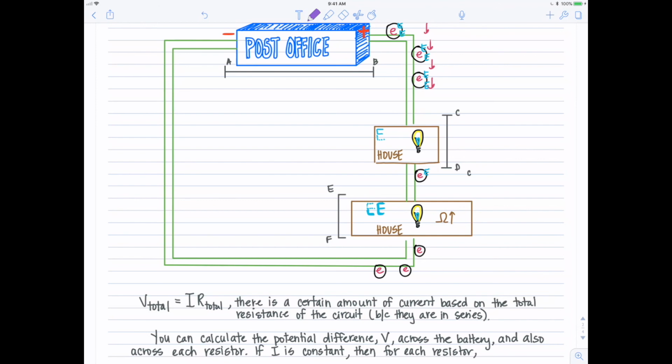Then we use that current calculation with the resistance from each house or each resistor to calculate the delta V across each resistor. So you guys actually saw that today in the 17C homework, which we'll go over, where you used delta V equals IR to calculate the current of 0.8 amperes in the circuit. This is the circuit that had the toaster, the lamp, and the oven, or the iron. And then you use that 0.8 amperes multiplied by the individual resistance of each resistor to actually tell you the delta V across the resistor.